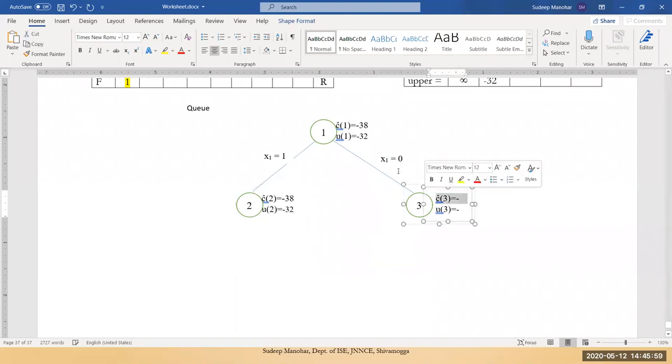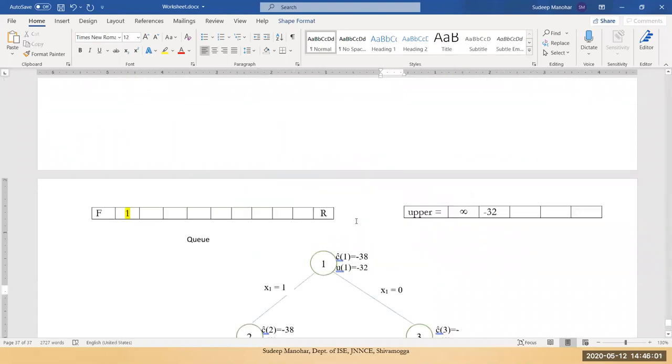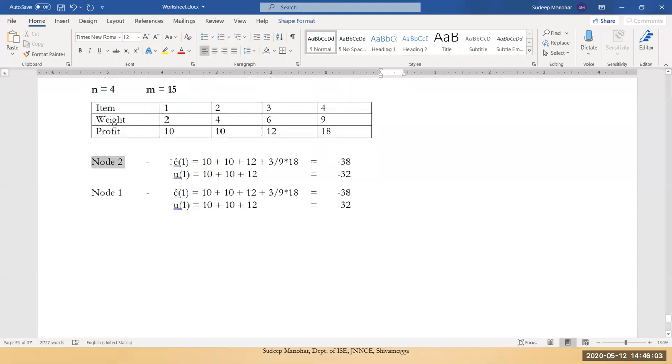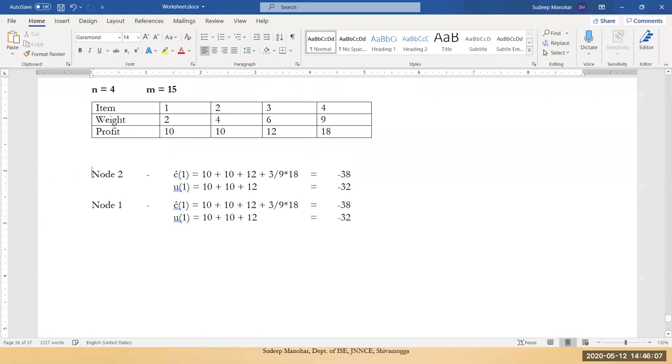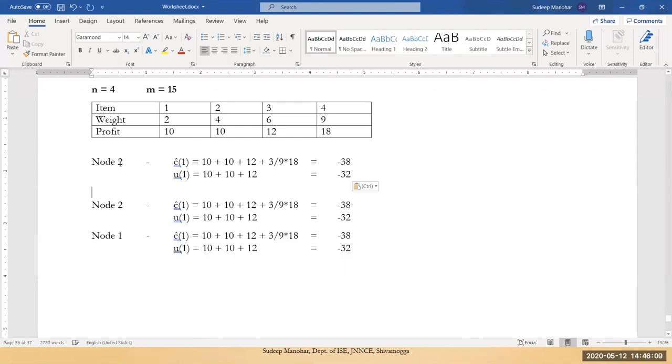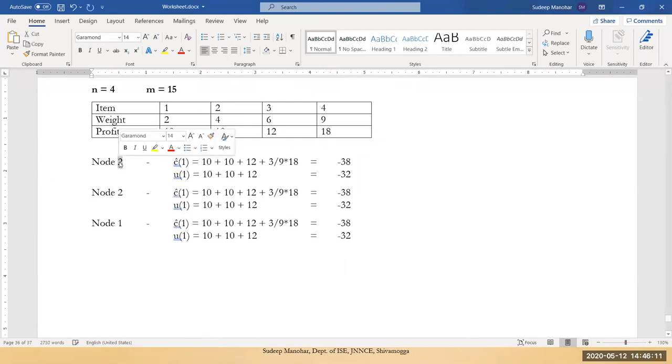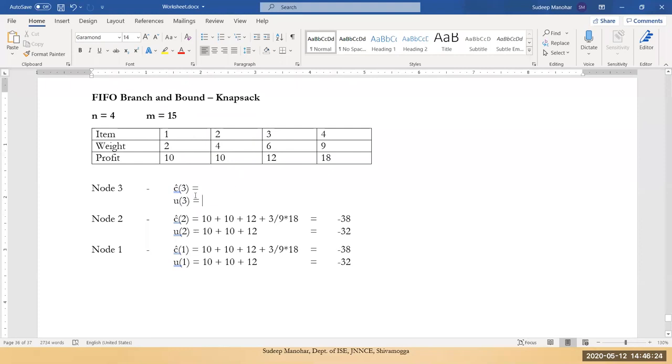Next, node number 3, it is without 1. Without 1, what will the value be? Don't consider this one.